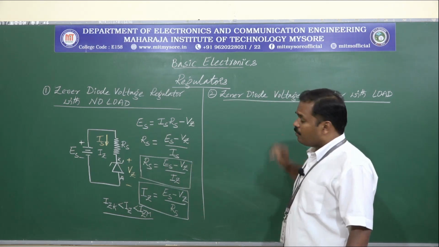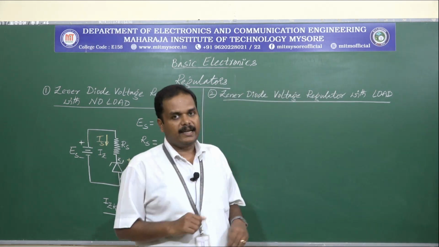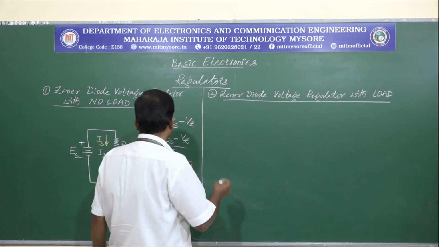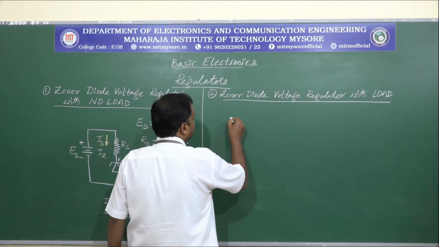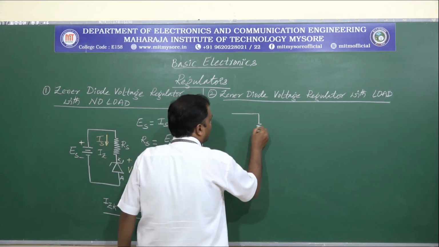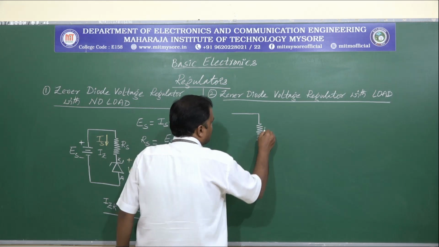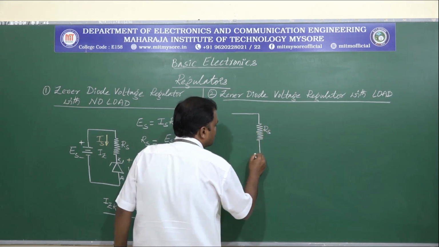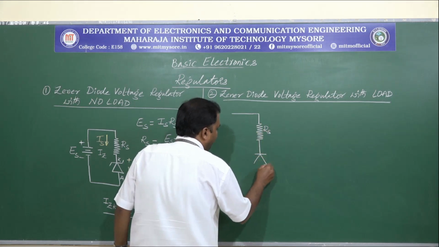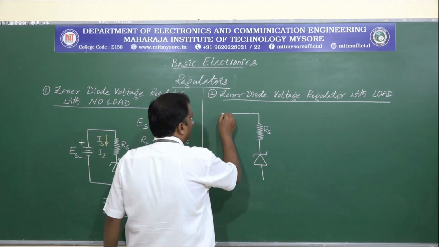Now coming to the Zener diode as voltage regulator with loaded condition. So let us look into the circuit diagram for this. So let this be RS, and here we have a Zener diode connected.